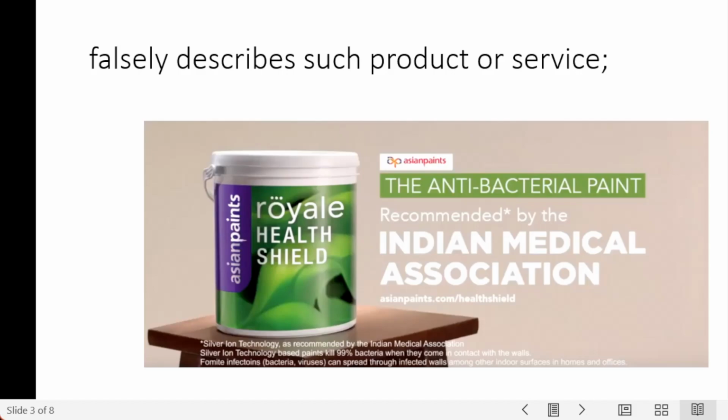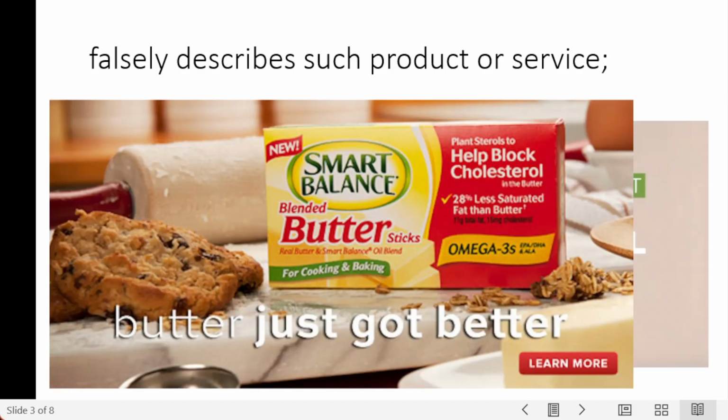If you look at that, the recommendation of the Indian Medical Association is not of the paint but of the technology. That is, silver ion technology is recommended by the Indian Medical Association. But if you look at all these things, the fine print and other things, it looks to be a misleading advertisement. It is a worthy case to be reported.